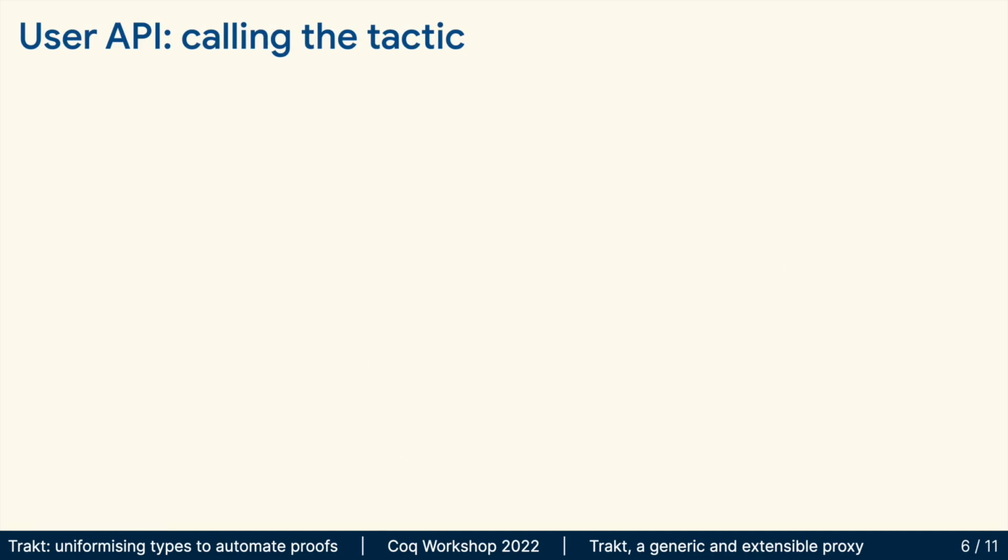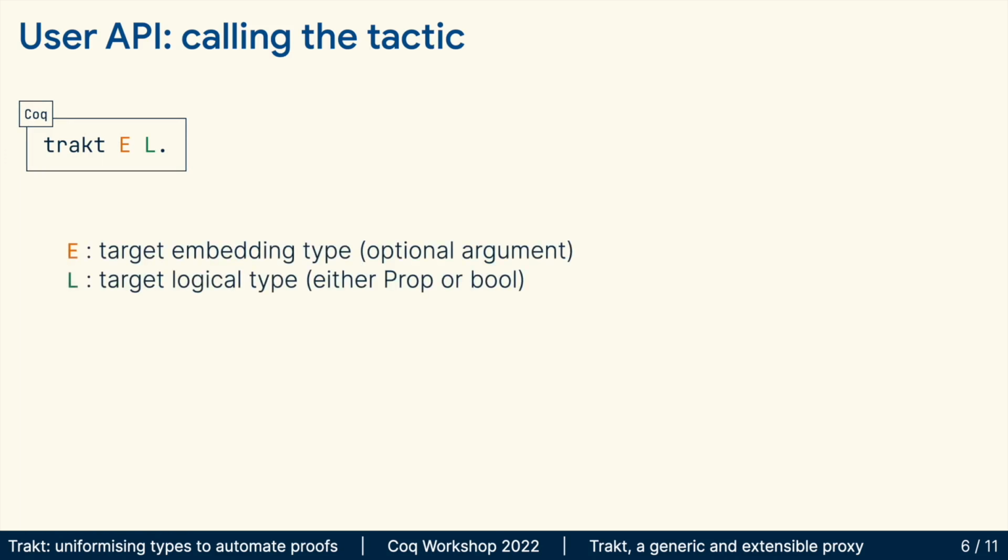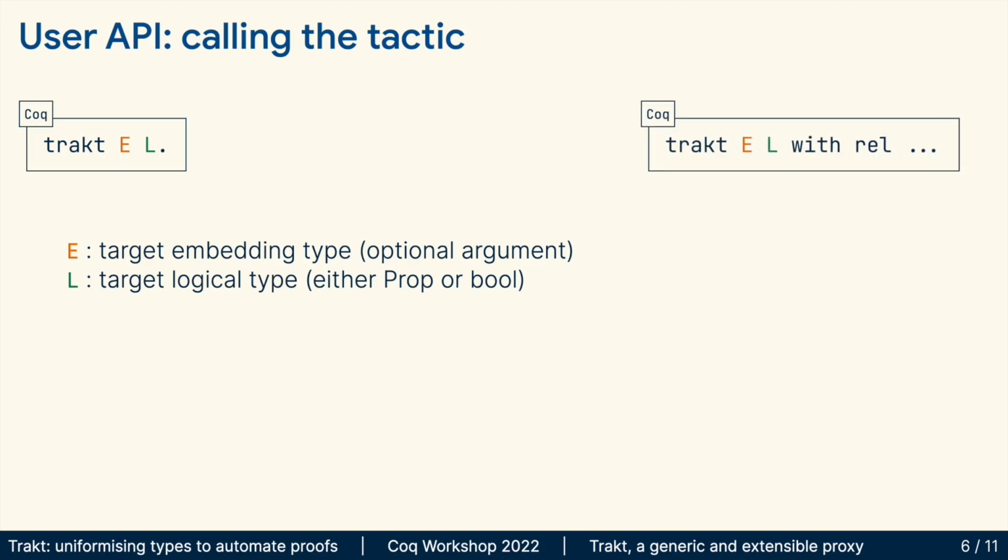Now that we have filled the database, we can call the tactic. So Trakt E L, with E being the target embedding type and L the target logical type. Here E is optional, which means that if we don't give it, the tactic will just perform logical preprocessing, which can be useful in some cases. We also have a syntax to add relations on the fly with the with rel syntax.